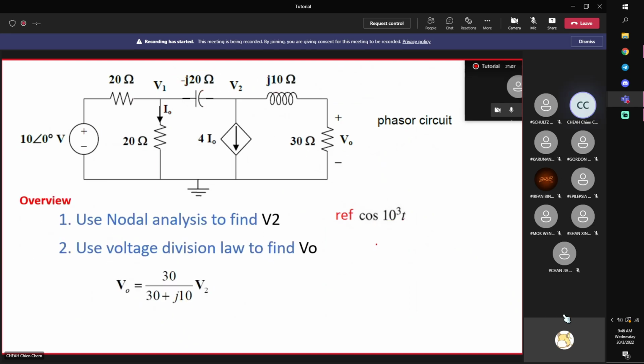Let us look at these circuits. Remember that you need to find V0. Now you have converted everything into phasors. This basically means that all the techniques that you have learned in week 1 and week 2 can now be applied, except that you're operating in complex domain.